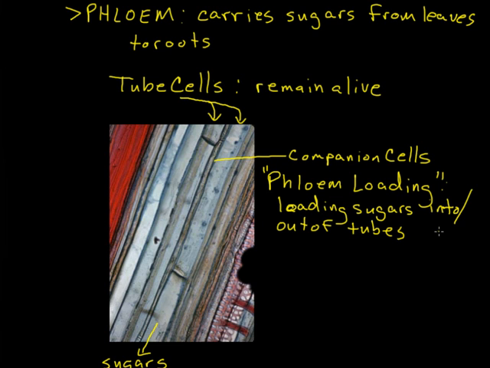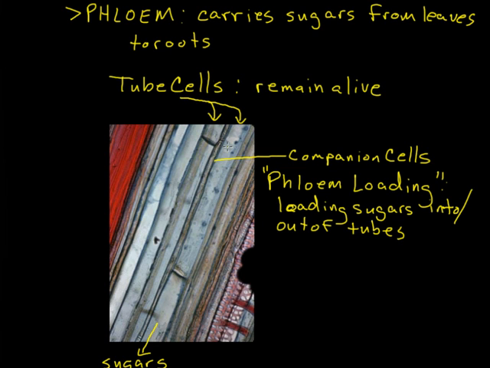Why do they have to remain alive to do this? Why can't the sugar just move into and out of these? Well, because the cell membranes of all these cells around it are selectively permeable, which means water, like in the xylem down here, can just go in and out as it pleases. Sugars is a different story. And so for the sugar to get into these tubes in the first place, they have to be pumped or moved across membranes and into the sap stream, as it's called.